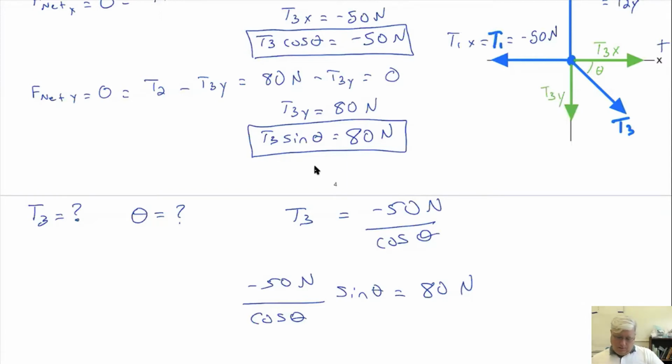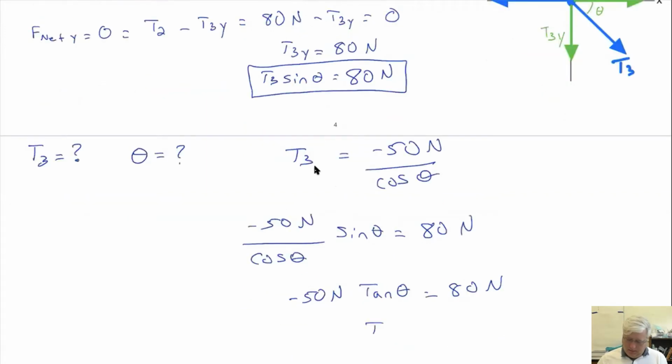Maybe some of you noticed this, but it might also be something that many of you have forgotten from trigonometry: there's a special relationship between the sine of the angle and the cosine. Sine divided by cosine is actually the tangent function. And so now we have tangent theta equals 80 newtons over minus 50 newtons. Units cancel.